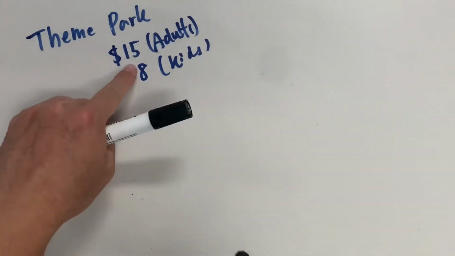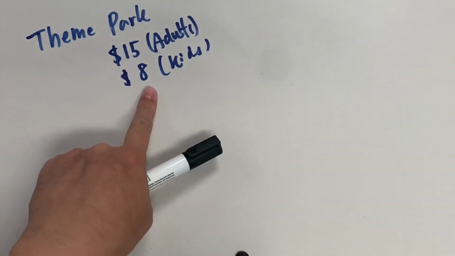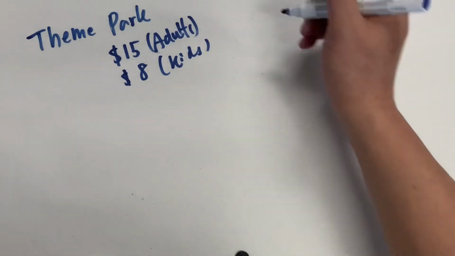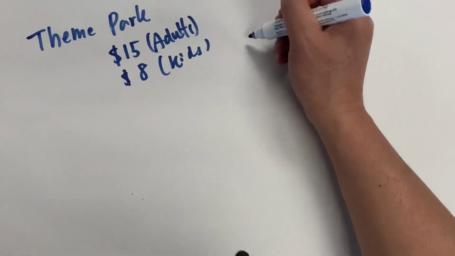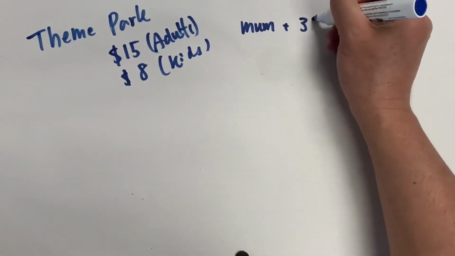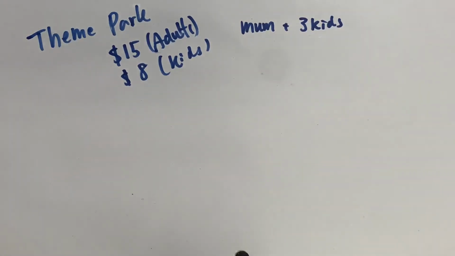Every adult we have to pay $15. Every child we have to pay $8. How about a family of 4? So let's say I have mum and 3 kids going to this theme park. How much does this cost?